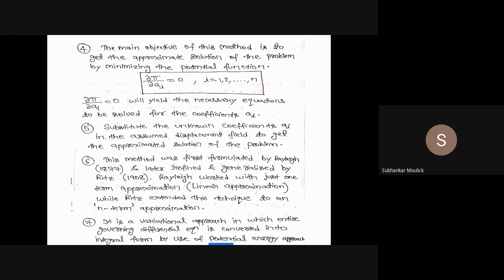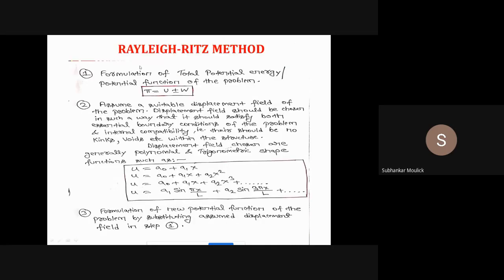Next step. If you remember the weighted residual method, after the calculation of domain residual by different techniques, we were minimizing that residual. But in the Rayleigh-Ritz method, we have to minimize the modified potential function of the problem.